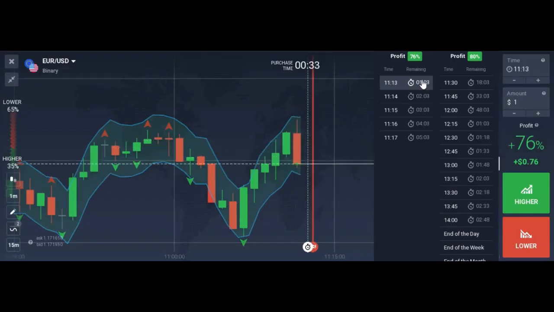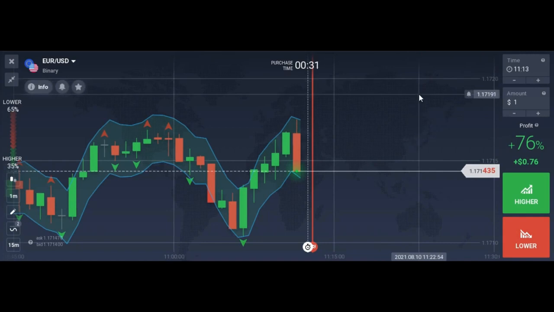Here, it's very possible that a fractal is formed that protrudes the ATR bands.